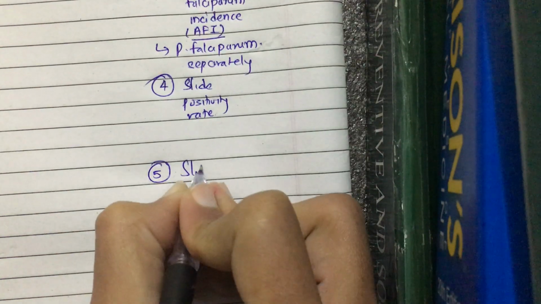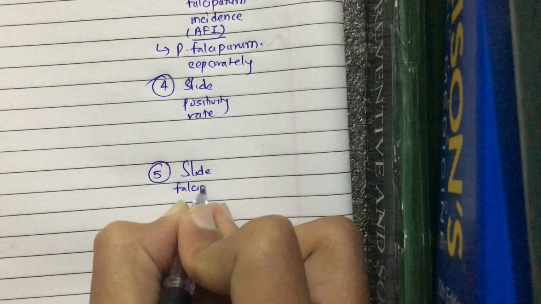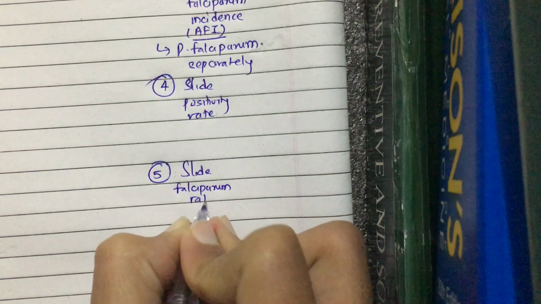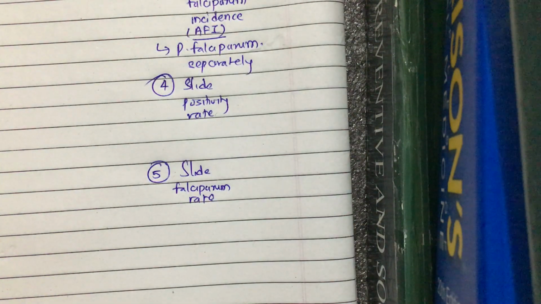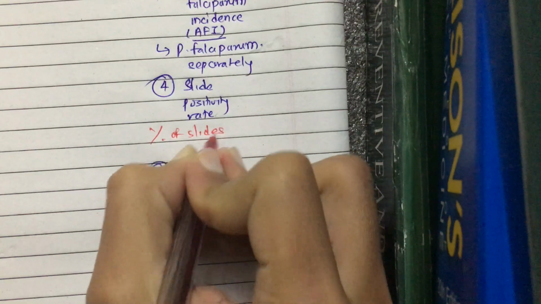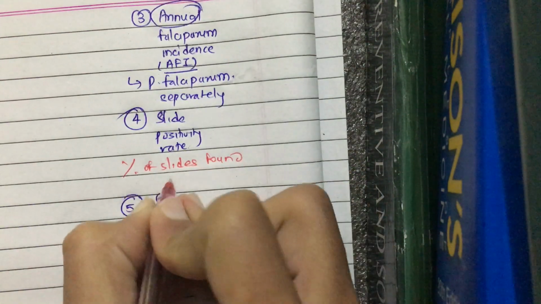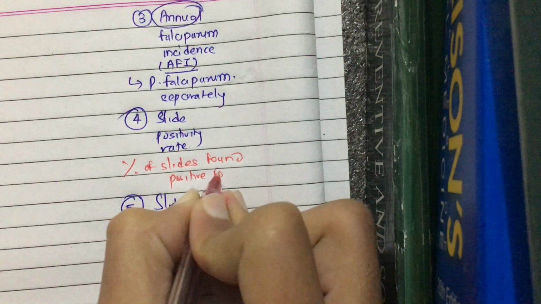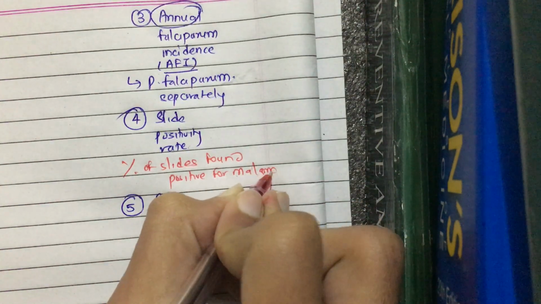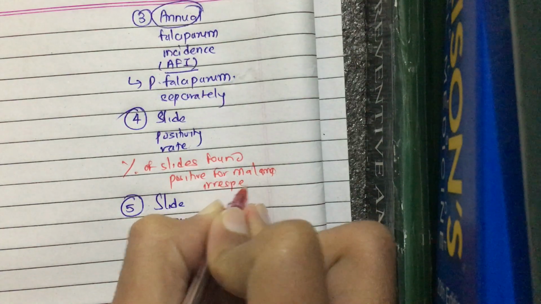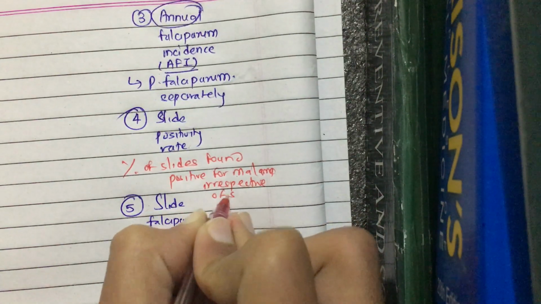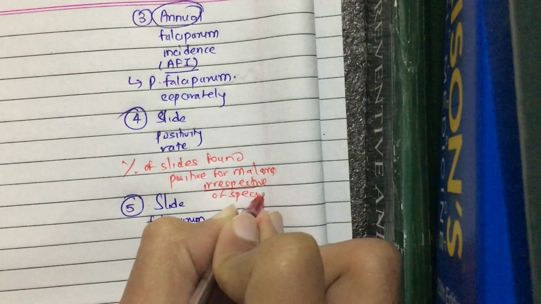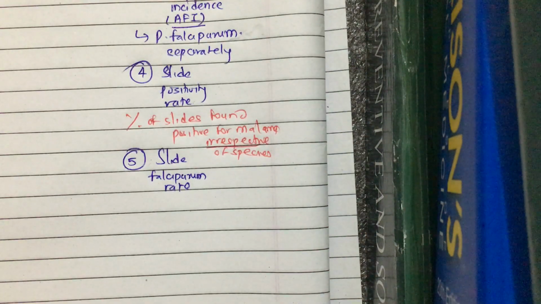Slide positivity rate means the percentage of slides found positive for malaria, irrespective of the species. It can be of any species of Plasmodium.